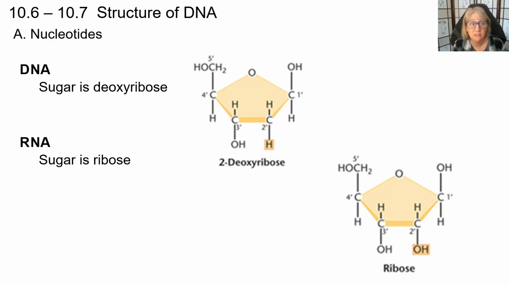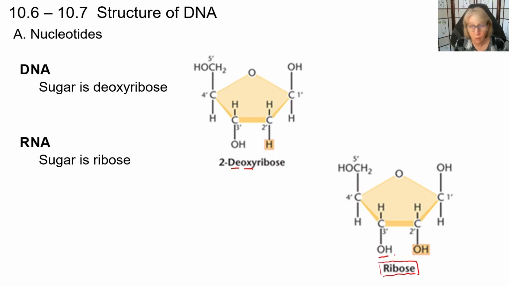DNA sugar is a deoxyribose. Deoxy literally means to remove an oxygen. And I want you to compare this just briefly to ribose down here. Ribose is the sugar that we find in RNA, ribonucleic acid.